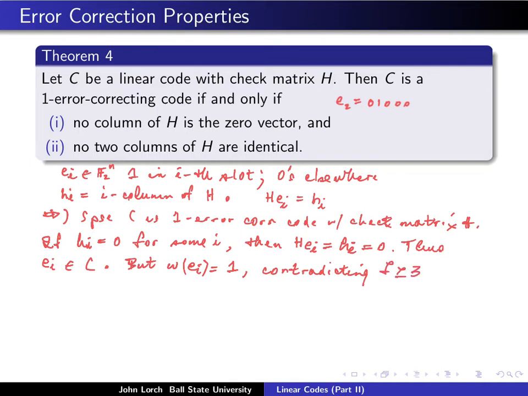Right? Remember, earlier on we had a theorem that said that the minimum distance between two code words in a linear code is the smallest weight, or the minimum weight of a non-zero code word. So here, that minimum weight has to be at least 3, and it's not that in this situation. Okay, so we see that if a column of H is the zero vector, then bad things happen.